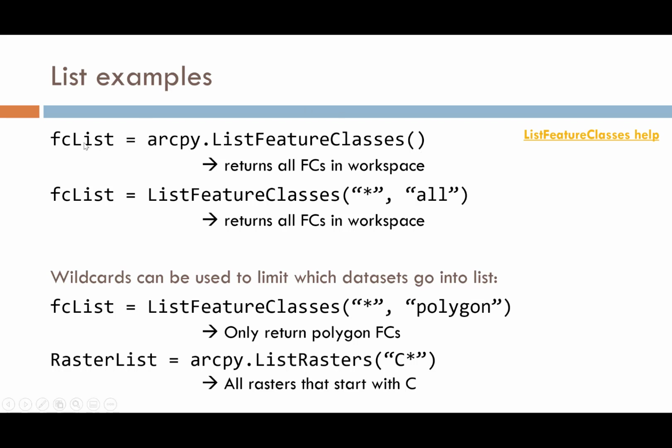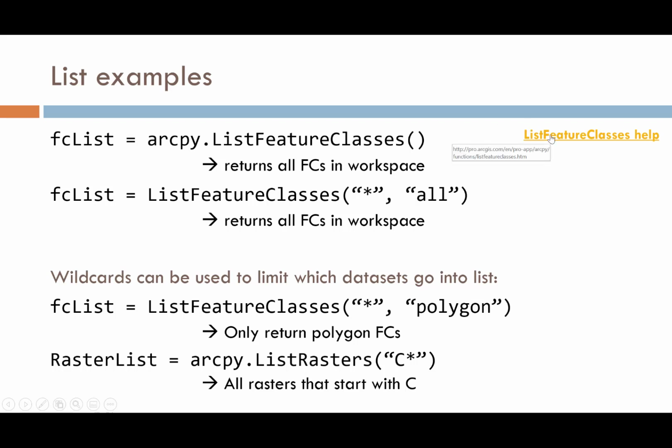And then on the left, see that we're calling it fclist equals this because the method will return a list, and we want to grab what it returns as a variable, and that is a list object, and then we can loop through fclist with a for loop.